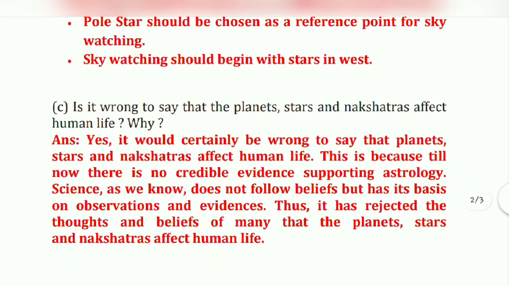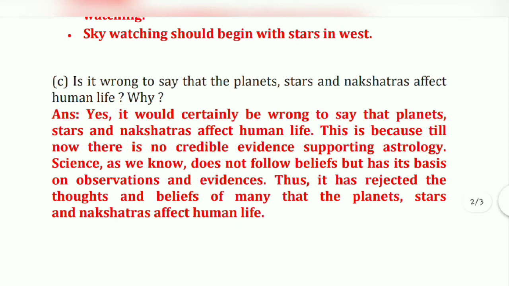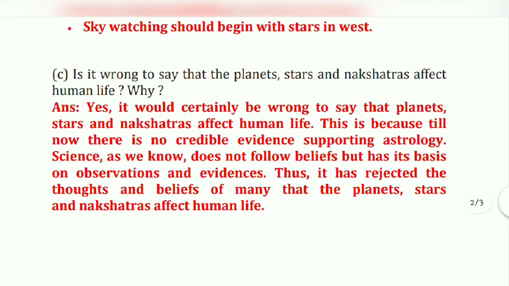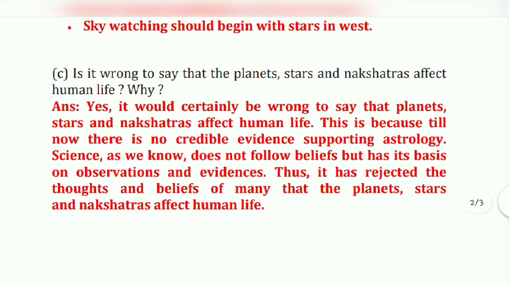Okay. Next question. It is wrong to say that the planets, stars and nakshatras affect human life, and why? So answer is yes. It would certainly be wrong to say that planets, stars and nakshatras affect human life. This is because till now there is no credible evidence supporting astrology.